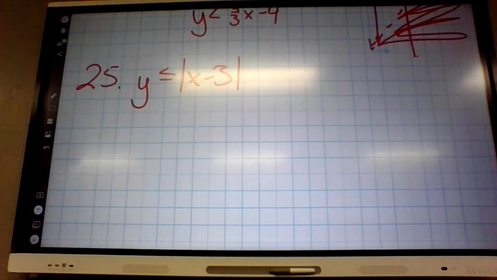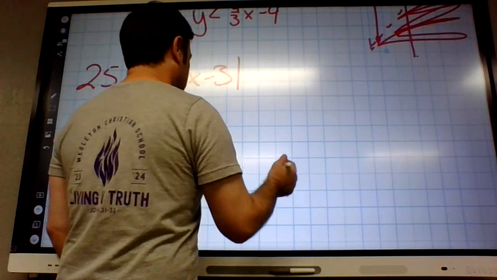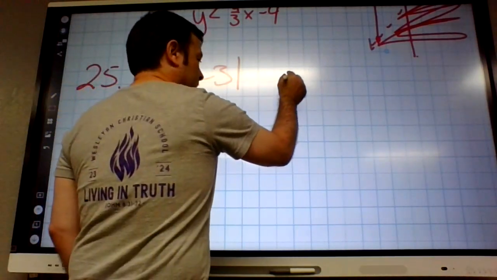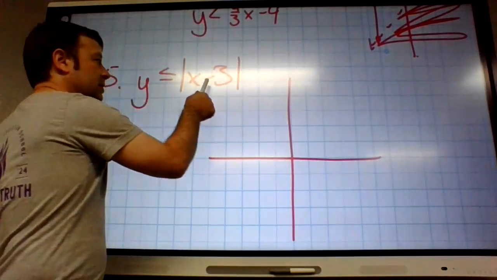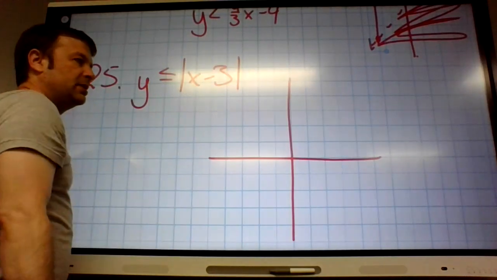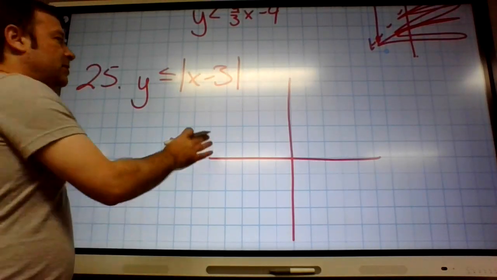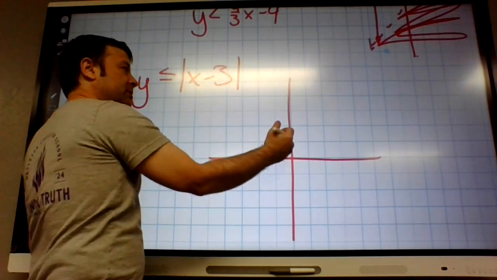Okay, so what's the graph for this one gonna look like? What shape? Another V, but it's not gonna start in the middle. Right 3. So in here moves left or right, but it does the opposite of what it says. So if it's minus 3, it actually moves right 3.